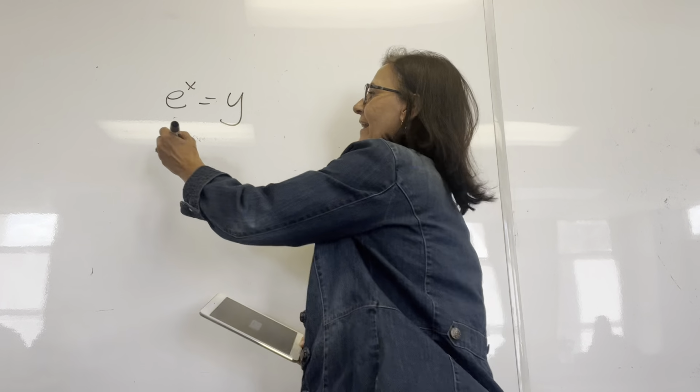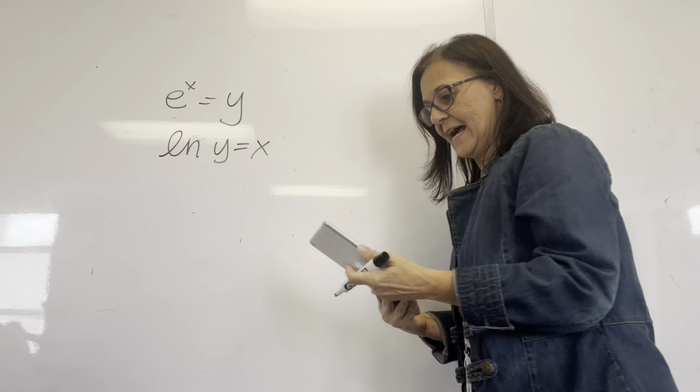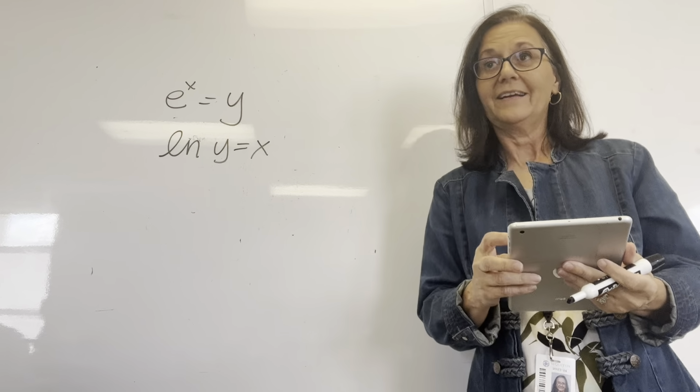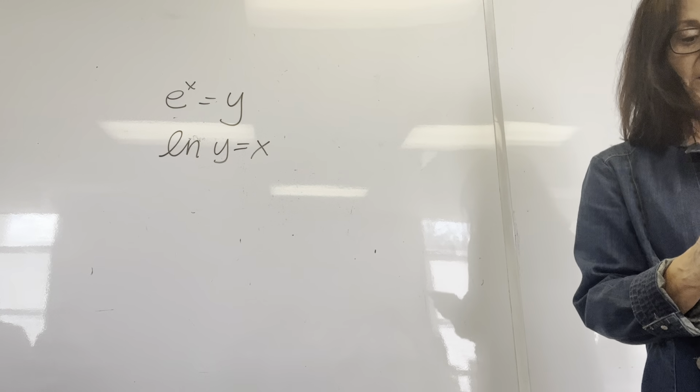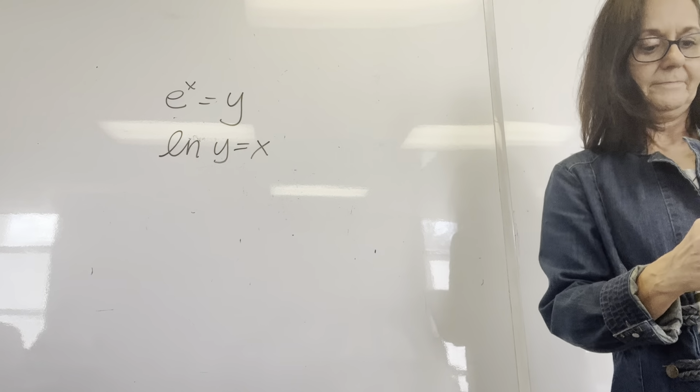And I don't have to write the base because the base is E. ln of x, y equals x. Yes. Got it? Can y'all do that? Well, I sort of made that up. Okay, that was like example 4.